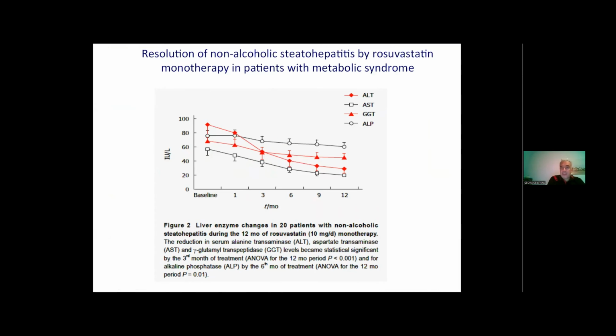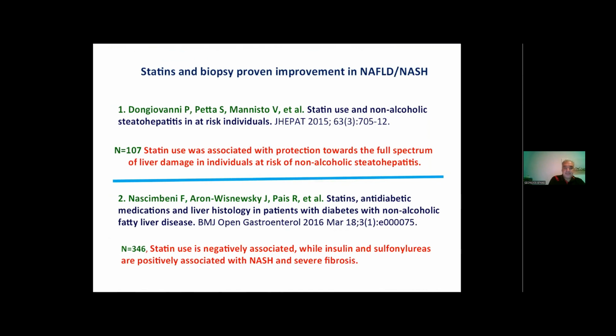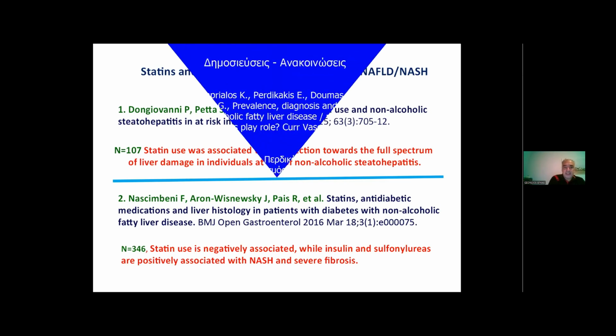We saw a very high degree of resolution of non-alcoholic steatohepatitis with the use of rosuvastatin. There are other studies that showed that statin use can improve the cardiovascular risk and at the same time the non-alcoholic fatty liver disease.